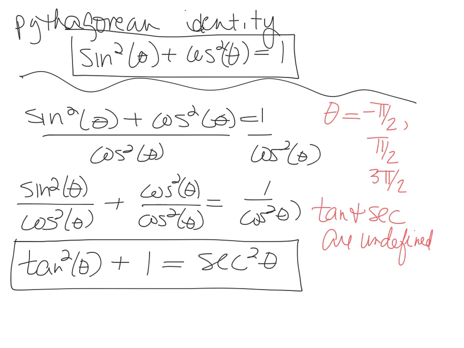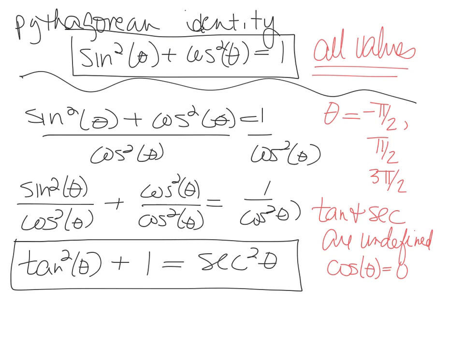Cosine of theta is 0 at those values. So we can't divide by 0. So no longer, like with the Pythagorean identity, can we use all values. With the identity we just proved, we can no longer say that we can use all values. It's not true for all real numbers theta.